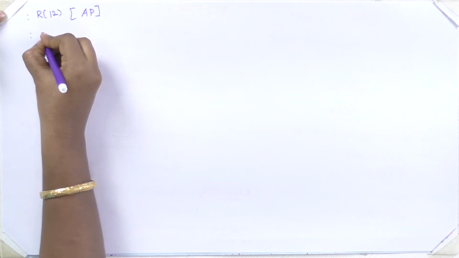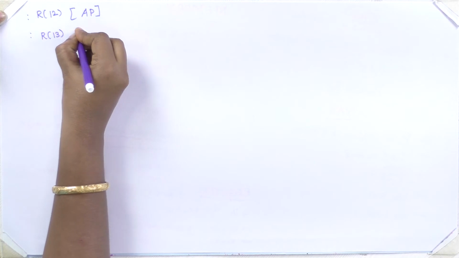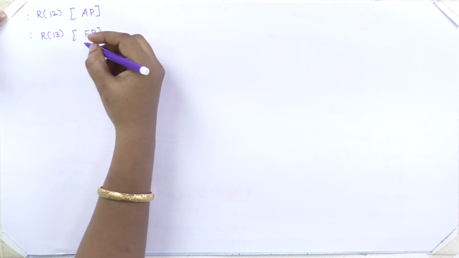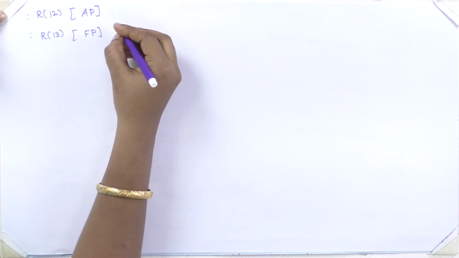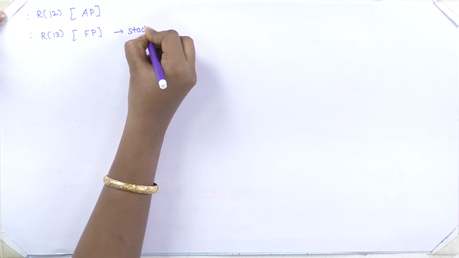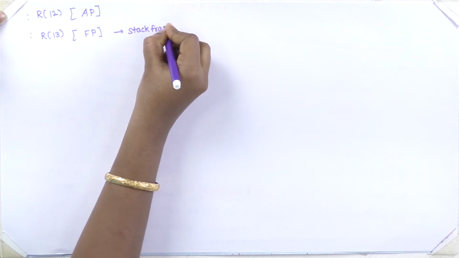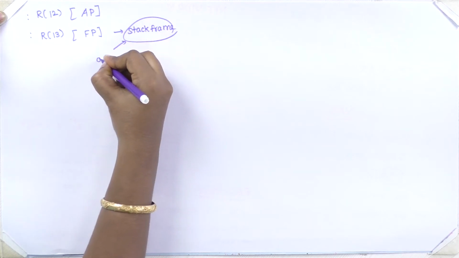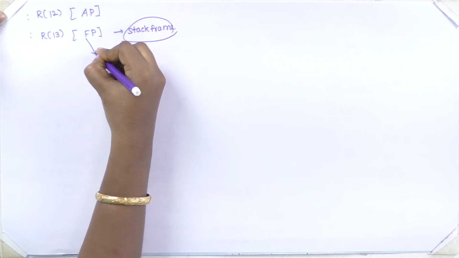Then the register R13 is the frame pointer register. Each procedure call convention will build a data structure called a stack frame, and the address of this stack frame is pointed to by the frame pointer.